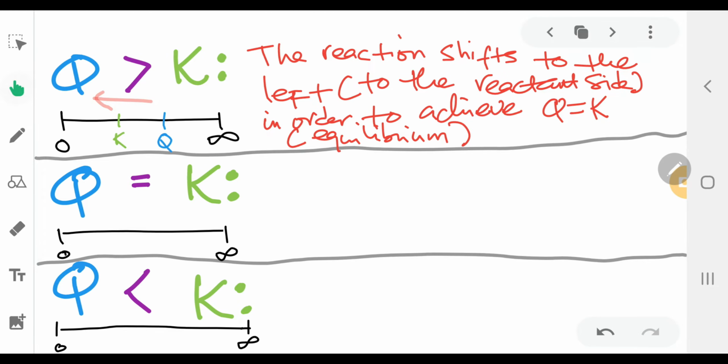So what about this one then? The one at the bottom over here.